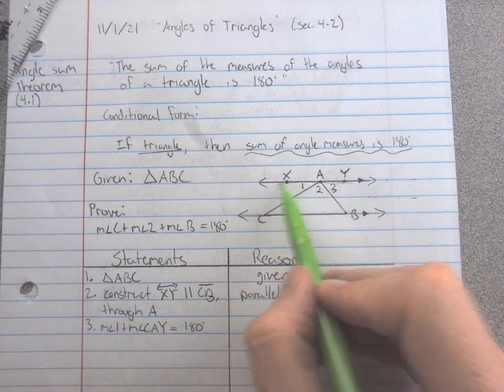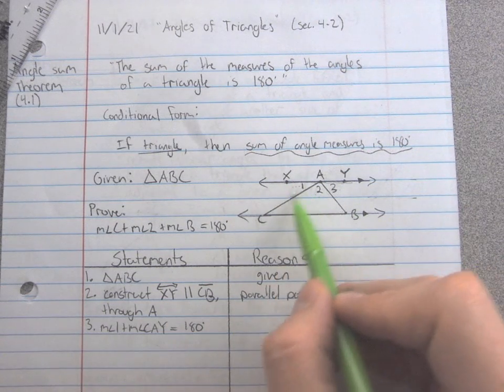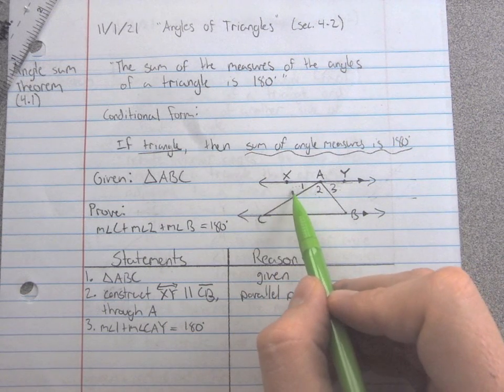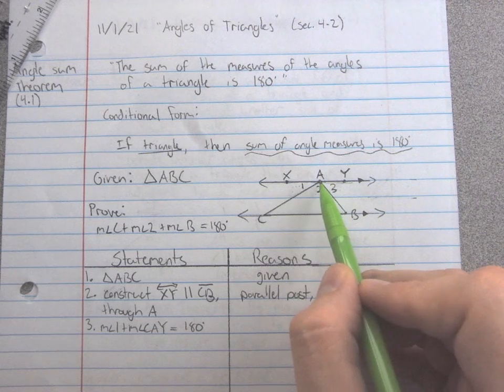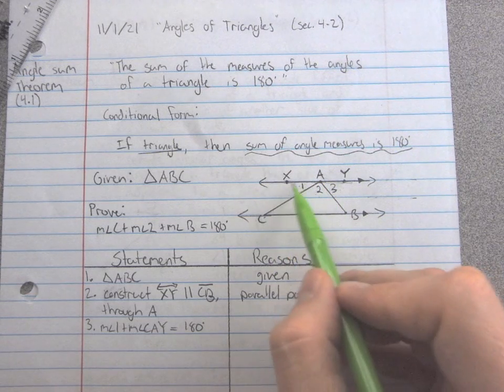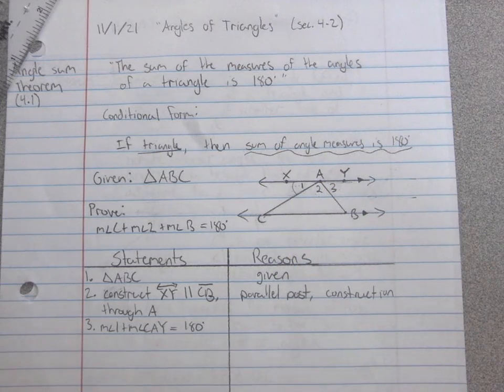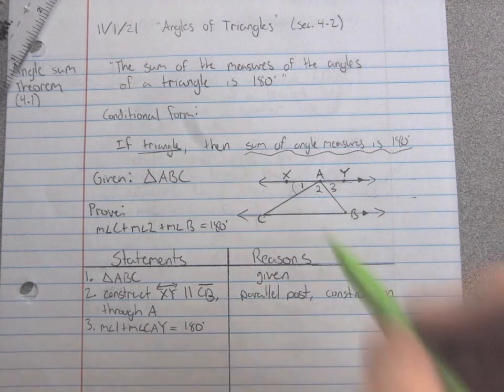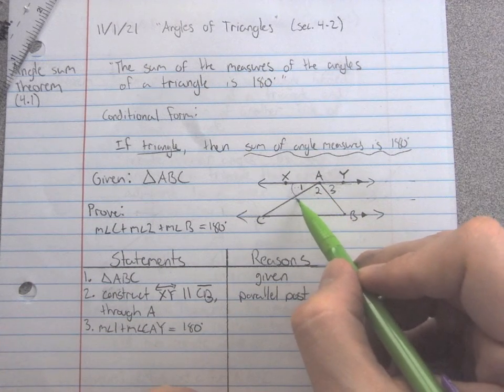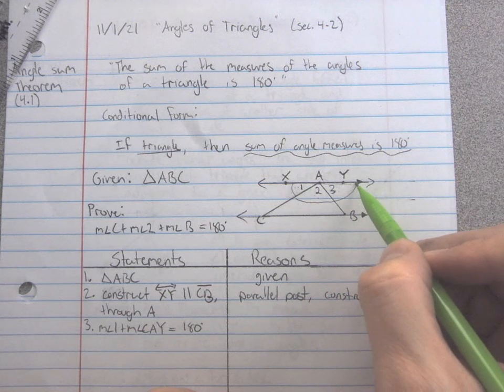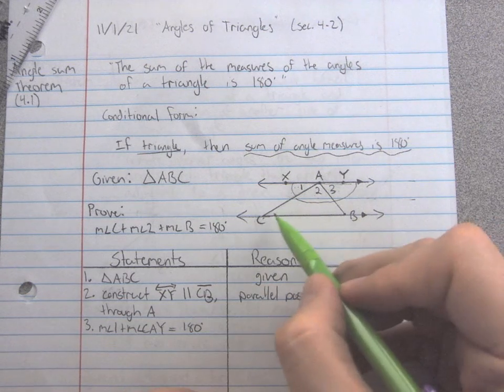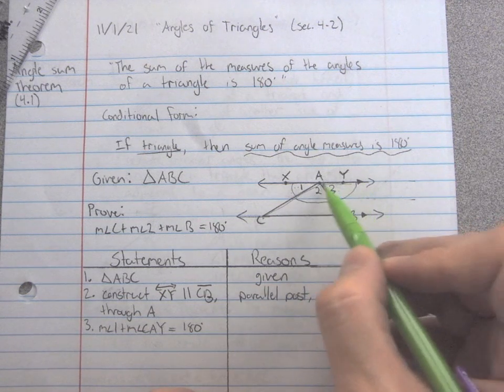Okay, so let's break that down. Here's the measure of angle 1 right here. Sorry, here's angle 1. Right? Now we could call that angle 1, we could also call it angle XAC if we wanted to, but we're talking about this guy right here. Okay? Now we want to make a pair with that angle, and so the other angle that I'm using is this full angle all the way around here. Right? So it's like these 2 lines.